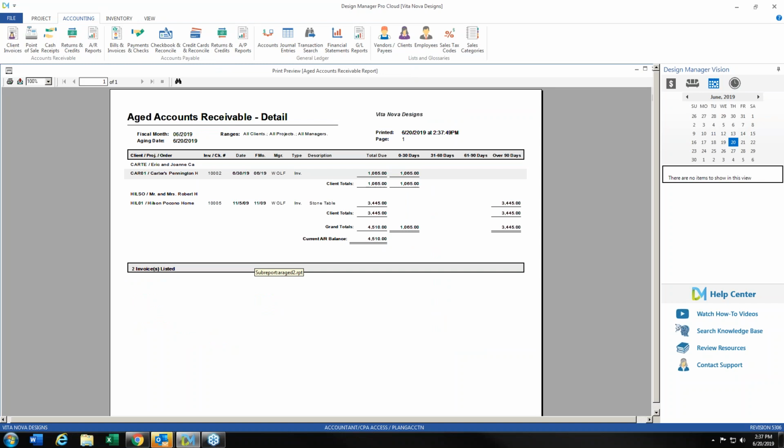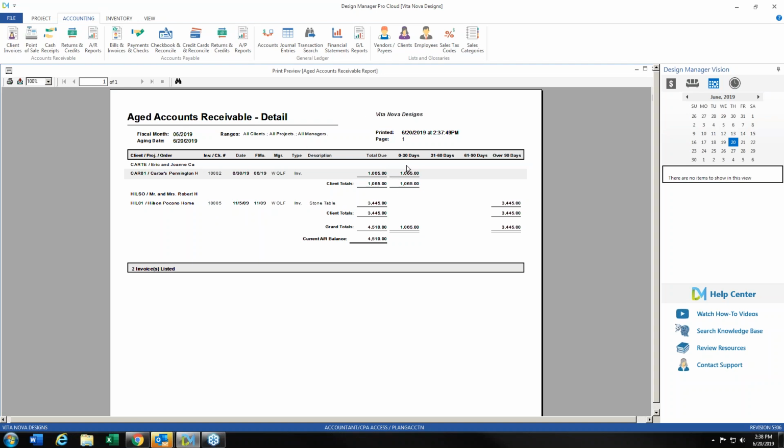So when you look at your aged accounts receivable detail, you're going to see all the clients and the projects listed here. And then these are client invoices that have already been set up, and the date of those invoices. If it has not completely been paid off and closed, then you will see an amount due here.